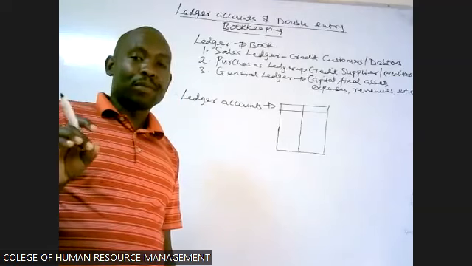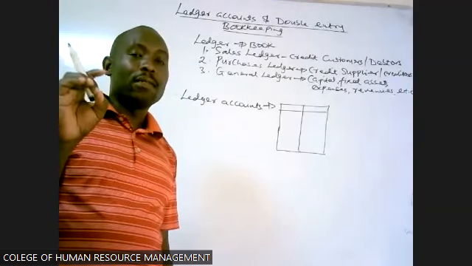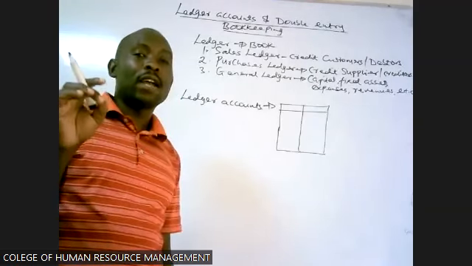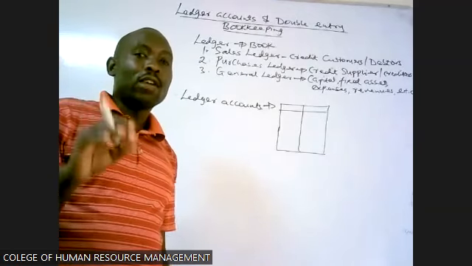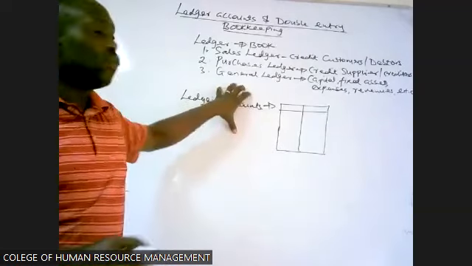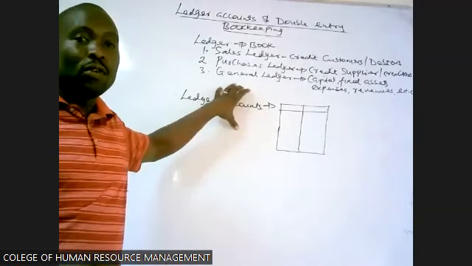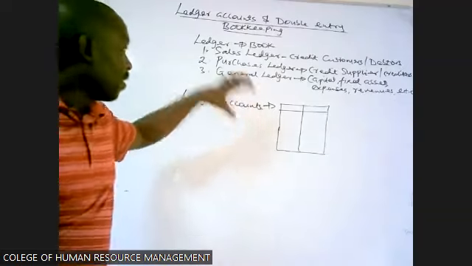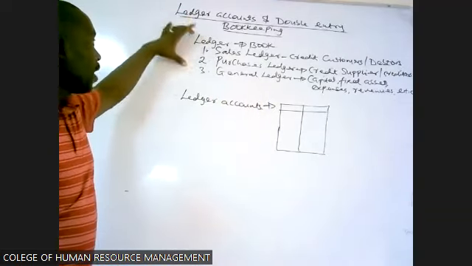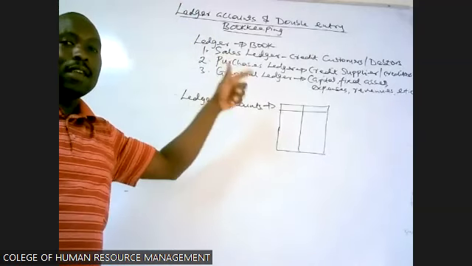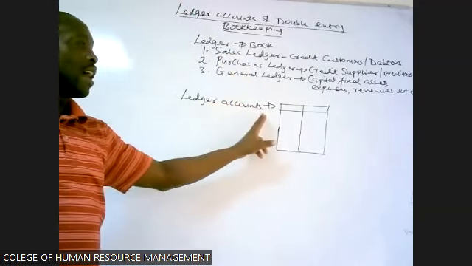So remember, we said that the books of original entry are where a transaction is first recorded. The moment it is recorded there, it is going to be transferred to ledger accounts. These ledger accounts are going to be contained in the ledgers. So each and every page of a ledger book is going to be a ledger account.